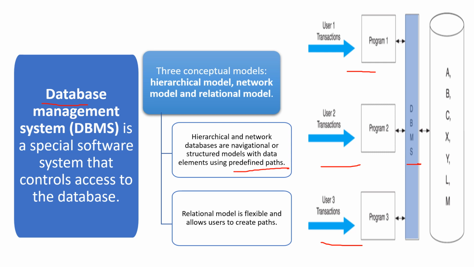The predefined path means that we define a list of authorized access to the database, and we ask the DBMS to control the access to the database. And then the third model is the relational model, which is flexible and allows users to create extra paths.